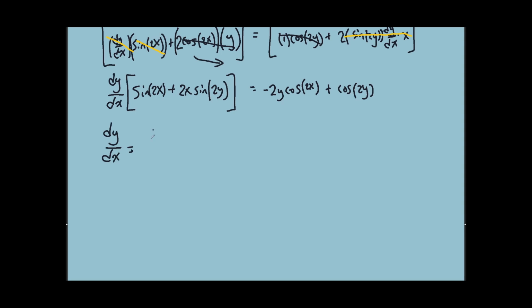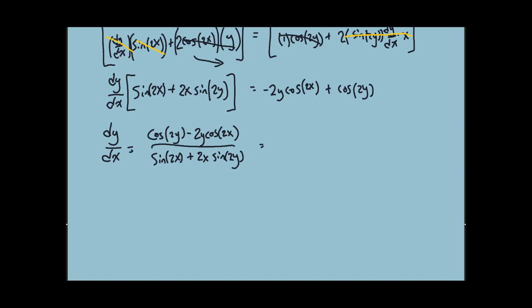But we have something else going on here. This is cosine of 2y minus 2y cosine 2x divided by sine of 2x plus 2x sine of 2y. Okay, so there's our derivative.